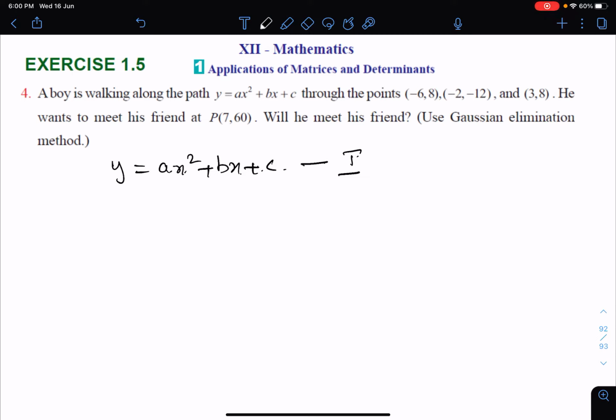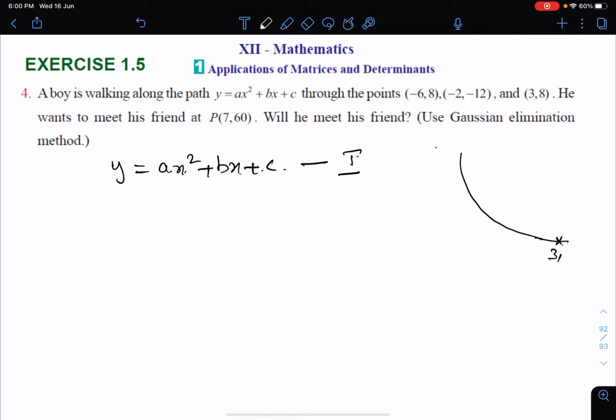What is the meaning of these 3 points? If you get a quadratic itself, it is going to be a curve. Okay, it is going to be like this. So the first point is 3, 8.